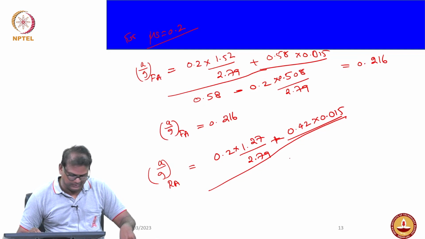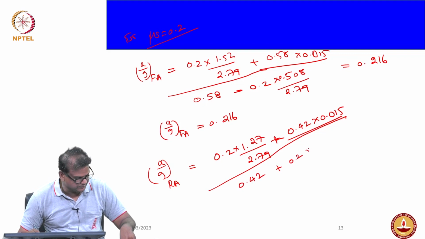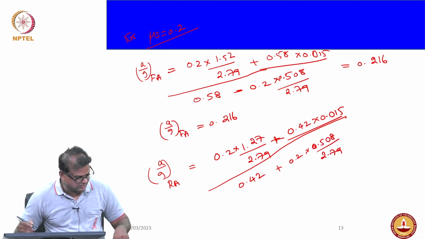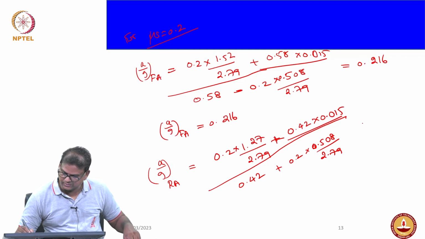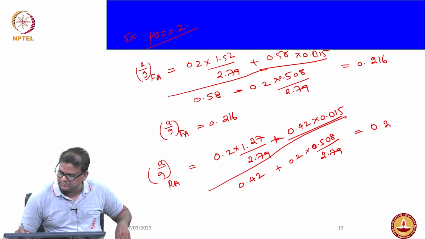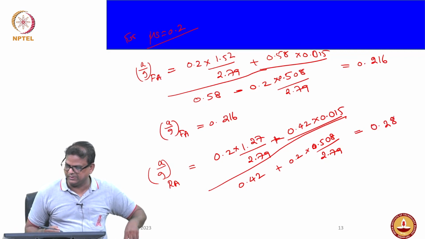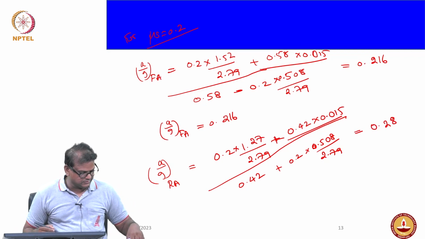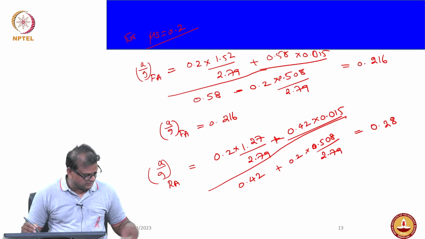What is the value you are getting here? Supposed to be 0.42, right? I'm getting 0.28. So there is a huge difference here.